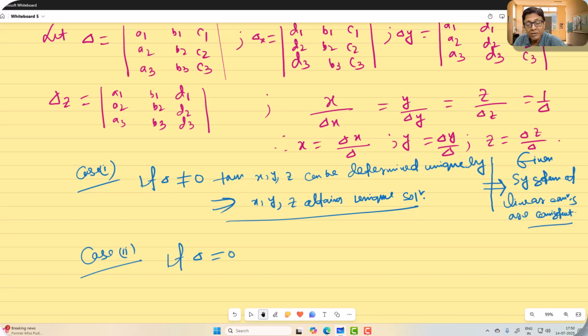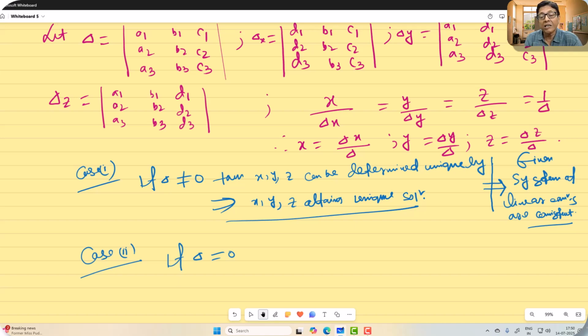It means we can get values of x, y, z. If you are not able to find the values of x, y, z, then it is said to be inconsistent. Theory derivations will not be done here, but we must know the theory and find its quick application.